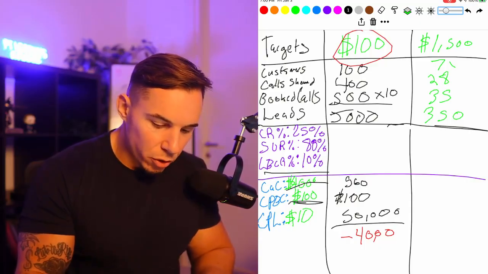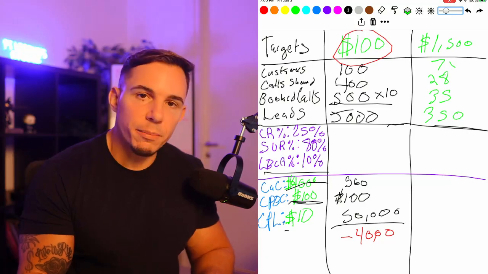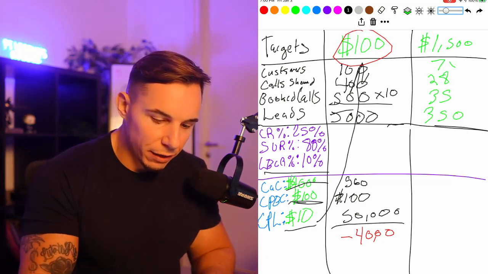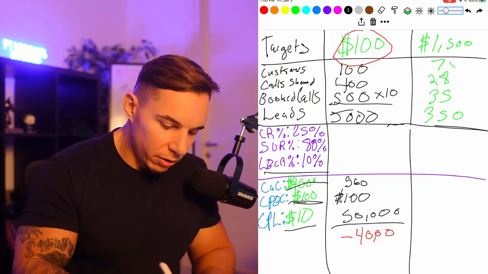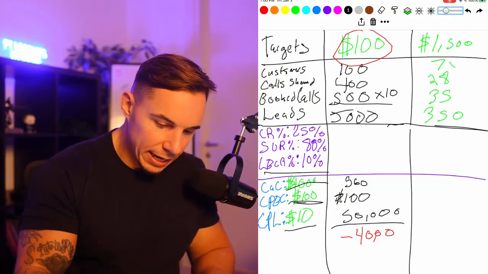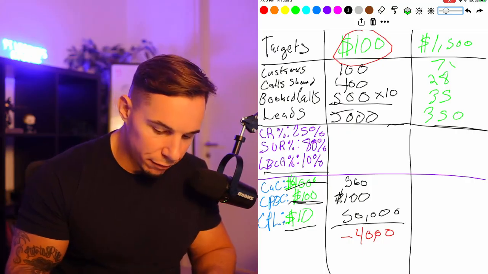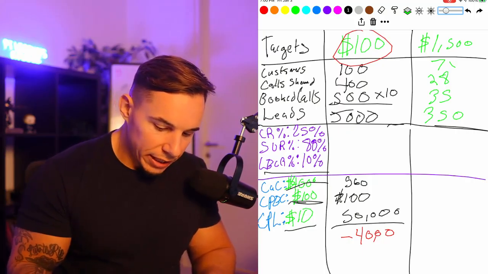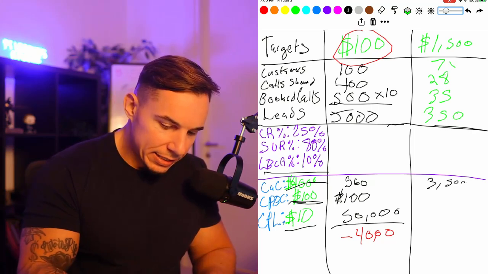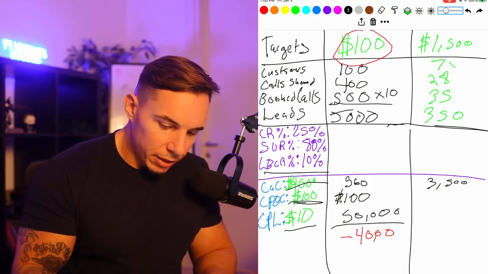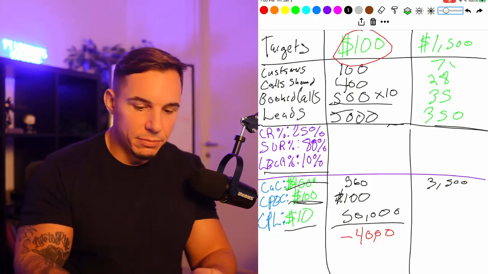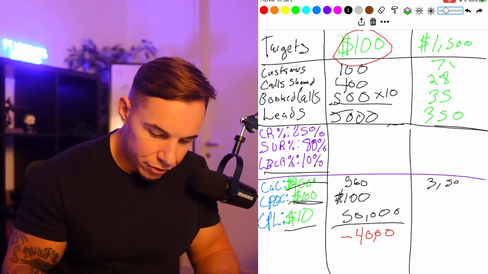Now, let's do some more math. How much money is this actually going to make us? Well, we need to know what we're actually spending first. So assuming that we're hitting all these targets right here, that you should be hitting if you want to be profitable, with the same cost per lead as the $100 offer, what's 10 times 350? That'd be $3,500.